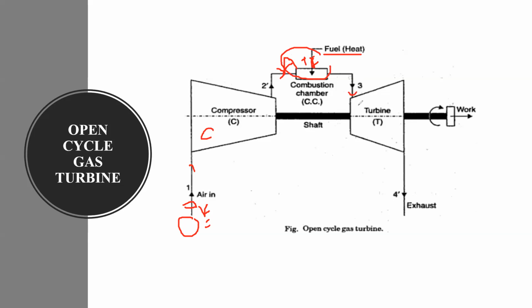What is the function of the turbine? It converts this energy into mechanical energy. This mechanical energy is coupled with the generator, and the generator converts it into electrical energy. So this is a simple process with respect to your gas turbine power plant.